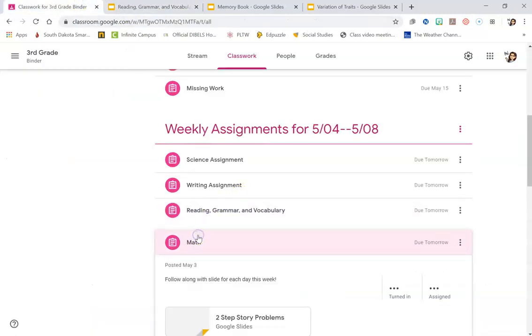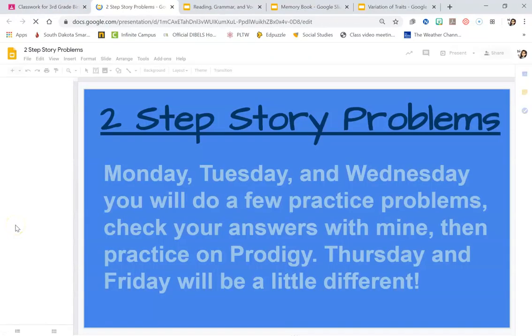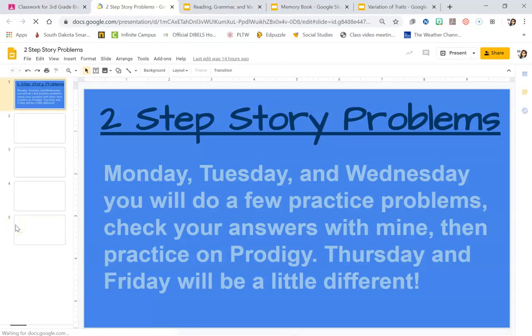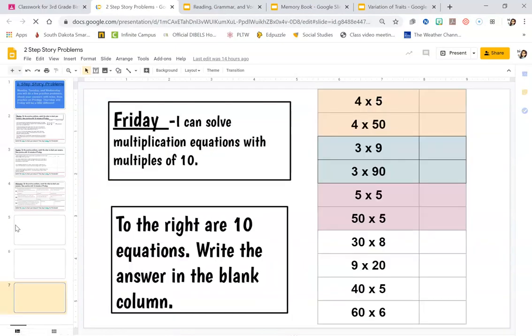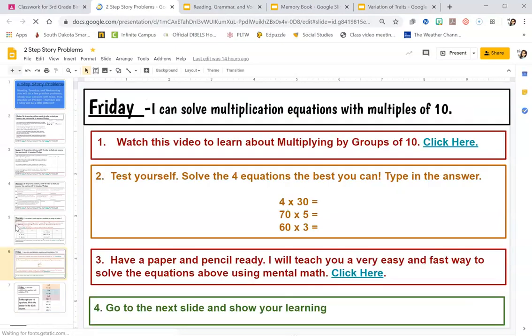And then for math today, you are going to watch the video about multiplying groups of 10. Okay, so watch the video to learn about multiplying groups of 10. Click here and watch the video. Then try to solve these 3 equations, the best that you can, and type up your answer. Right?